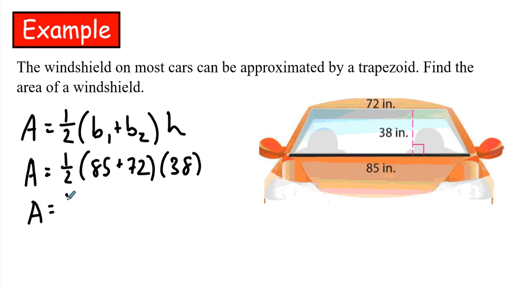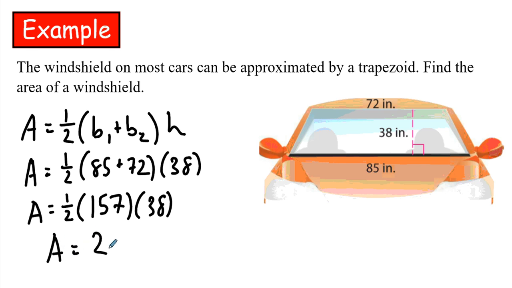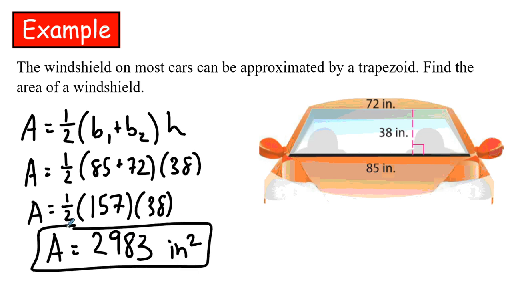Area equals 1/2 times 157 times 38. Multiplying all of that out, I get an area equal to 2,983. My units are inches squared. Area is in square units.